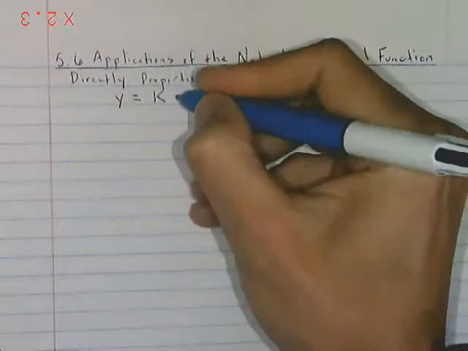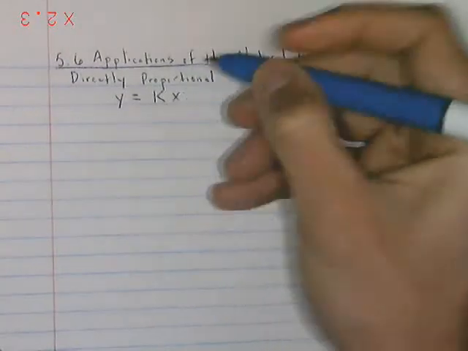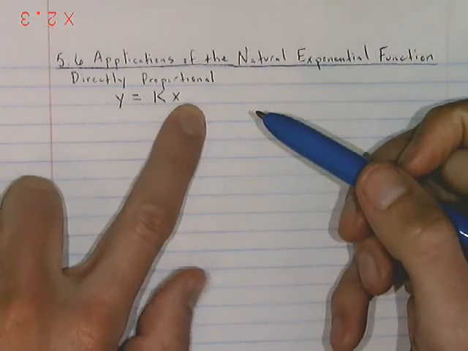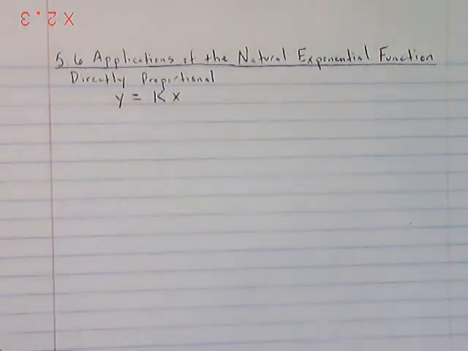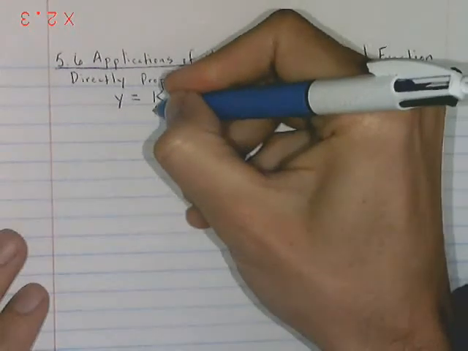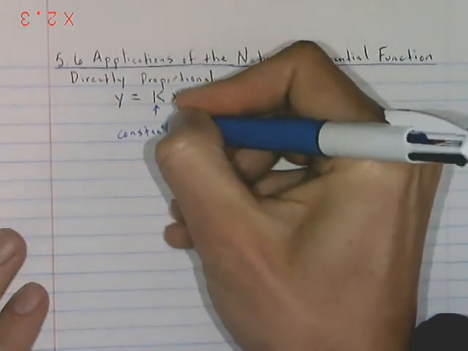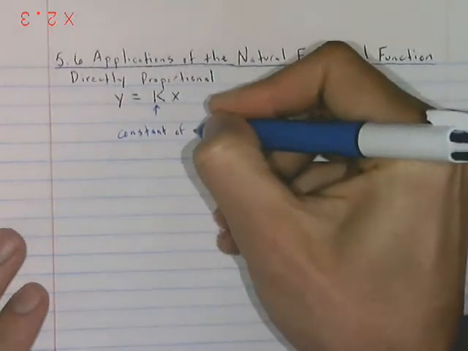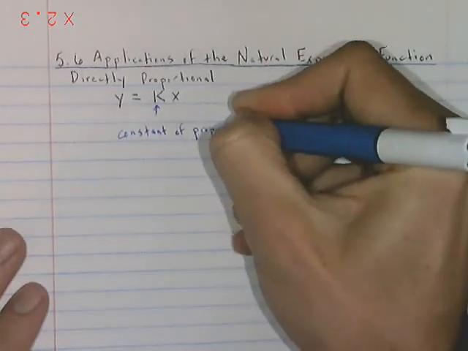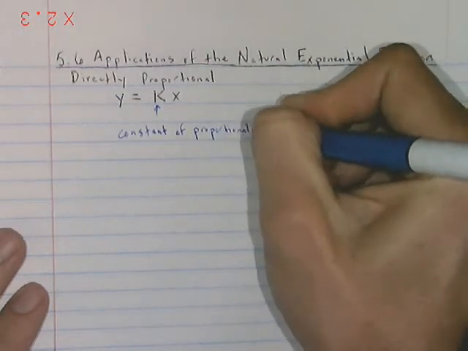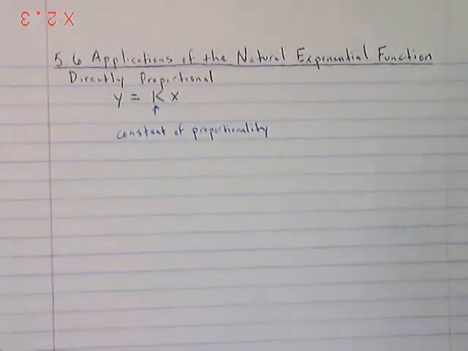We say that y is equal to k times x, where y is one of our quantities, x is the other quantity, and k is our so-called constant of proportionality.